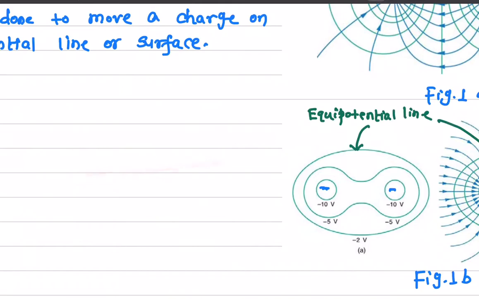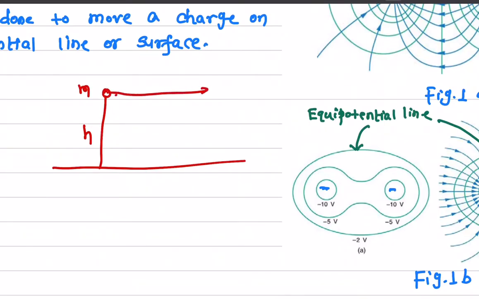This is just like the gravitational field. Let's say this is the ground level, and you have a mass here at height h. If you move this mass along this height, let's say from point A to point B, at the same height, then no work is required, because there is no change in the potential energy.